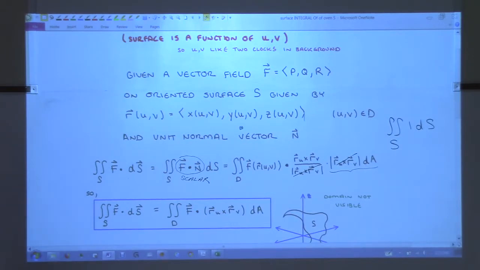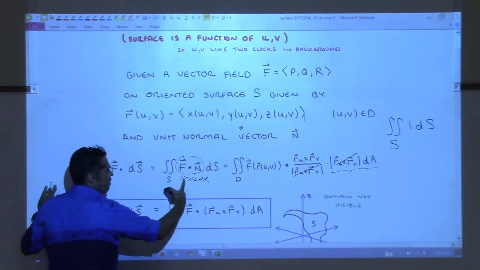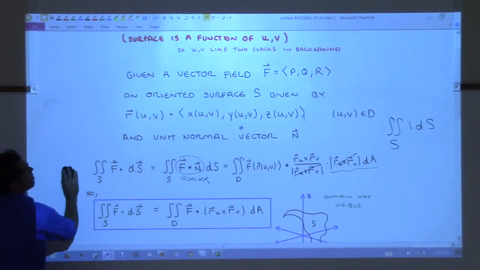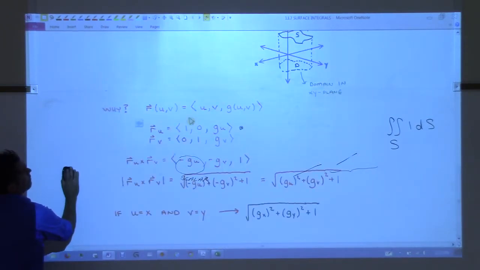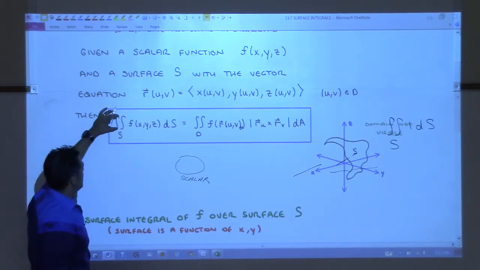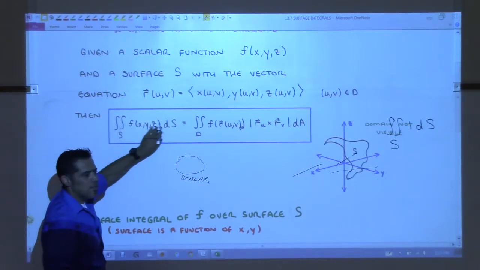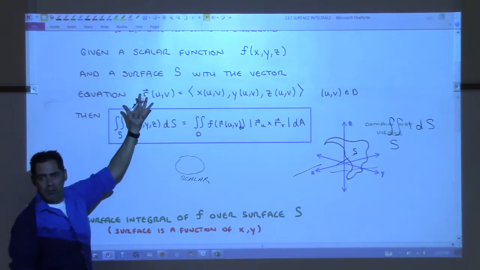So at the end of the day, calculating the flux is a surface integral of a scalar function dS, which is exactly the very first thing from last class. So our flux integral really turns out to be a surface integral.